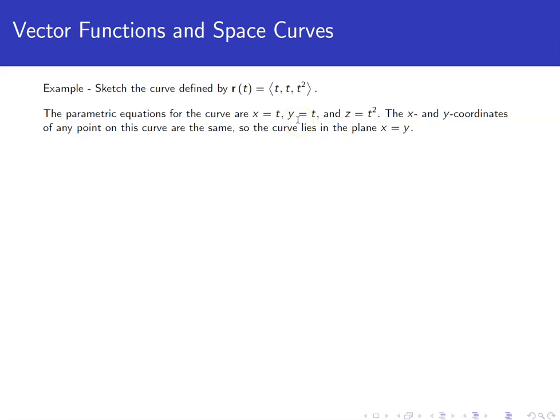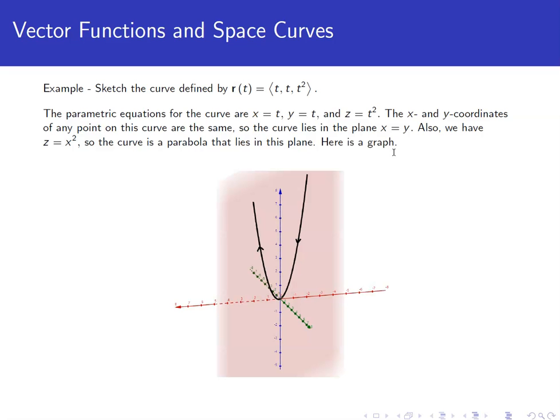So that means that the curve has to be in the plane x equals y, because those first two components are the same. All right. We also notice that if we just look at x equal to t and z equal to t squared, we can write that equivalently as z equals x squared, and that's a parabola. So what we end up with is a parabola that's actually in the plane x equals y.